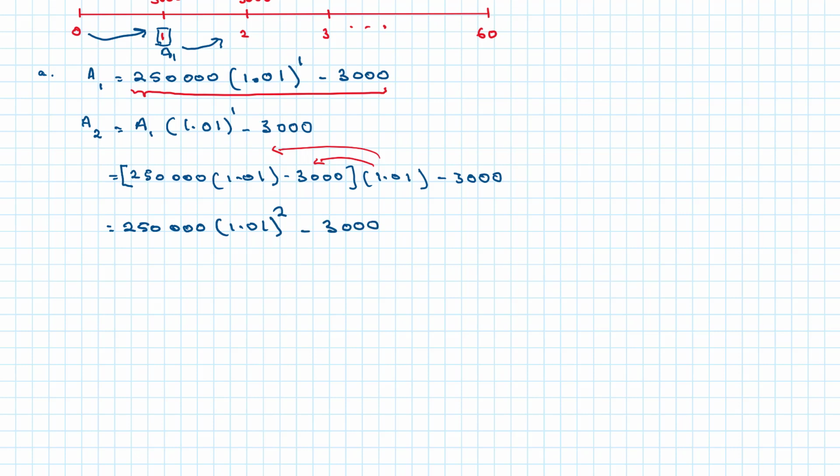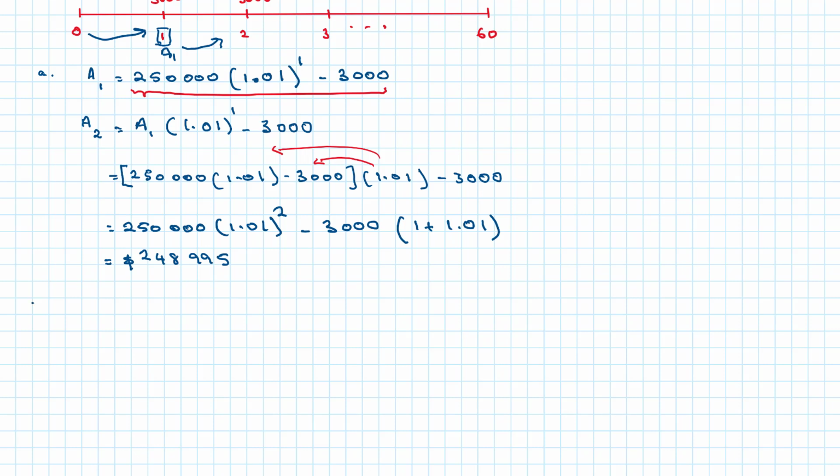Take the 3,000 out as a factor, and I get 1 plus 1.01. I can now put that in the calculator and get my answer to part A, which when you calculate that becomes $248,995.